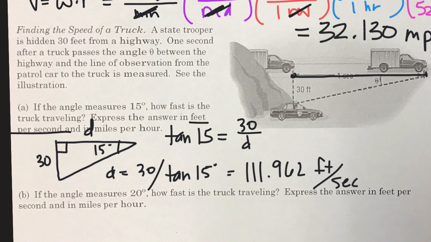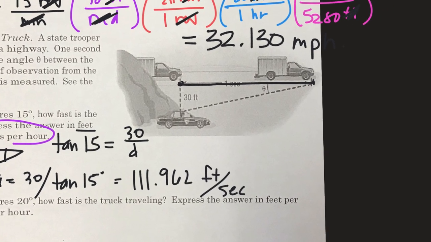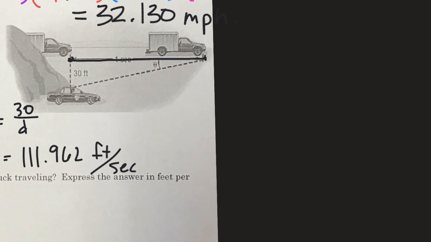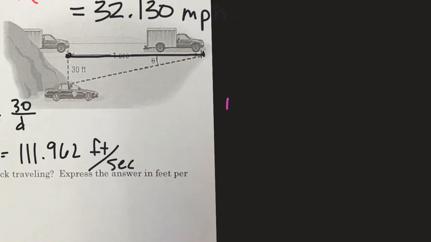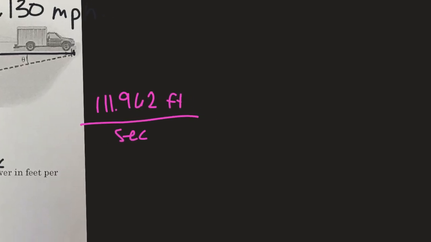So now let's convert to miles per hour. Miles per hour. So we'll do that over here off to the side. 111.962 feet every second. Okay, there are 3,600 seconds in 1 hour.